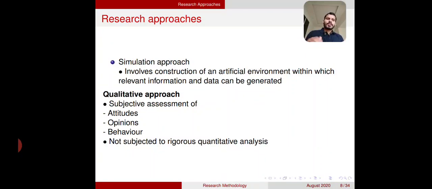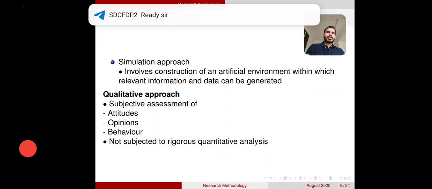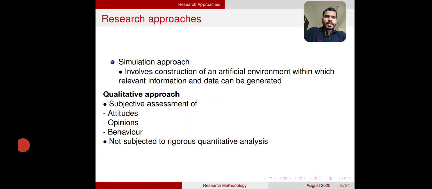Here we use different kinds of methods. We'll go into that in the next lecture. So qualitative approach means we are not bothered about quantitative analysis. Instead, we assess attitude, opinion, or behavior. In the next lesson we will go to the different types of research.